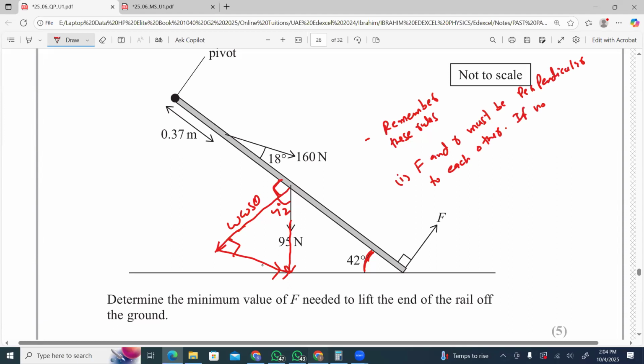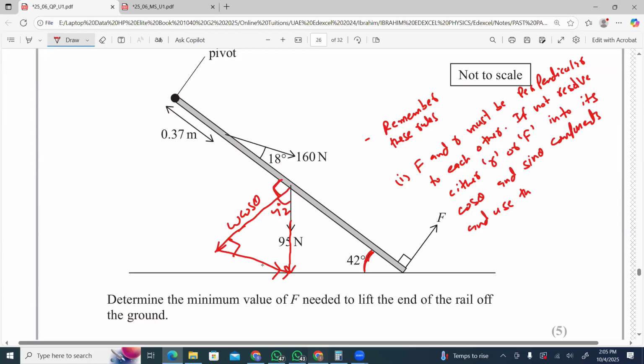And if not, resolve either R or F into its cos theta and sin theta components, and use that component which is perpendicular to F or R. So you understand?